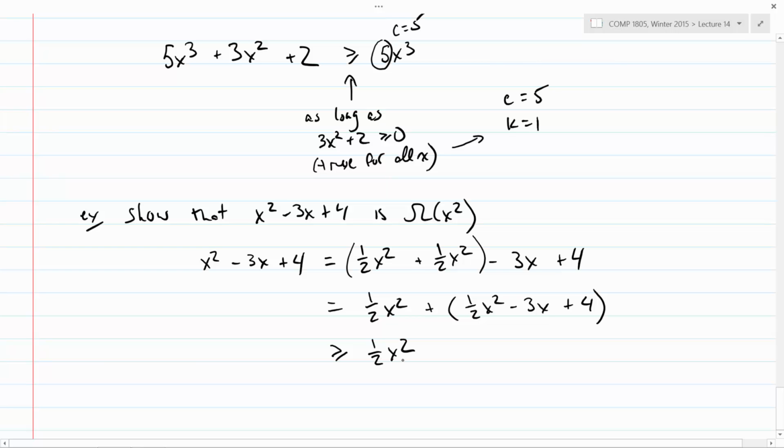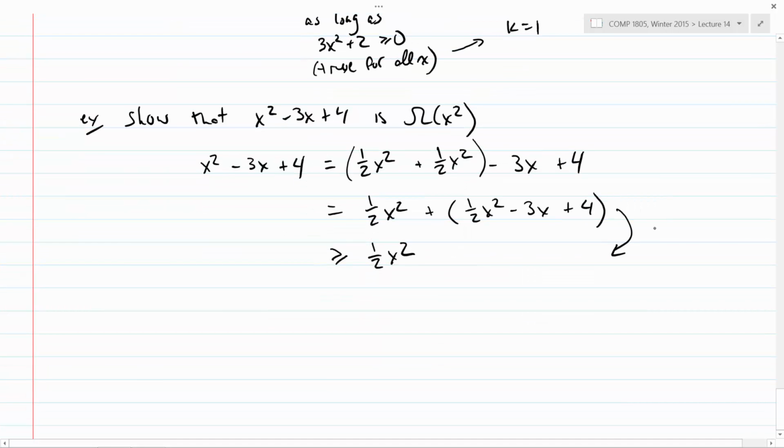But there's a catch. What's the catch? Yep. Right. This is only true as long as 1/2 x squared minus 3x plus 4 is greater than or equal to 0. So I need to figure out what the solution to that is.